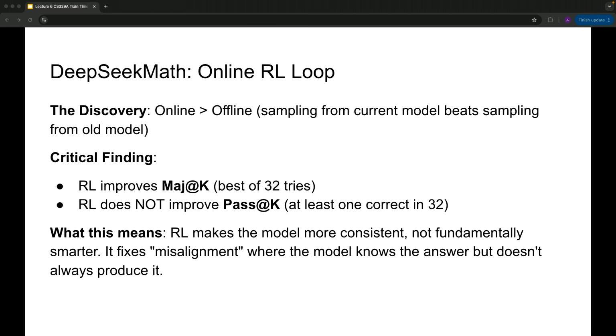Overall, what they showed was that you can improve majority at K, if they had 32 tries, but it was actually not improving pass at K. If you were plotting pass at K, where 1 is correct if you sample 32 times, that was not what was improving in their paper. What was improving was that the majority of the solutions become correct. So the model actually became more consistent, not fundamentally smarter, was what they showed.